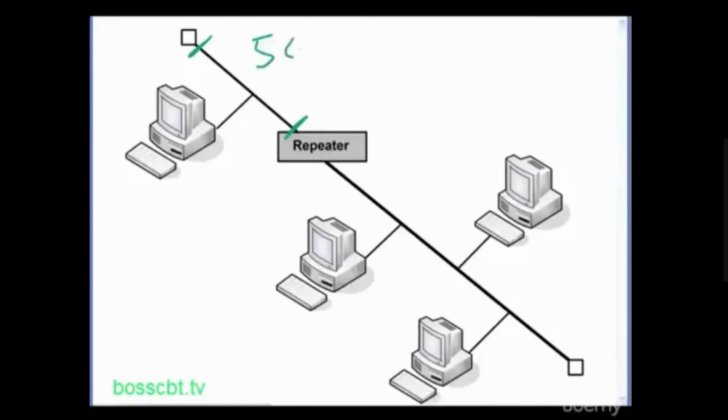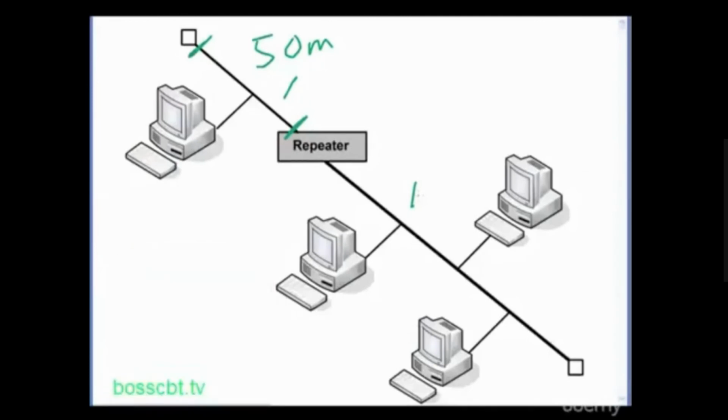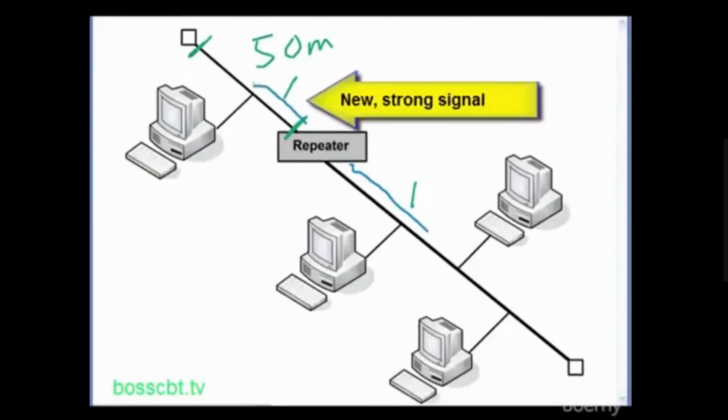repeater. So what happened? It is regenerated. We can fix a repeater at a 50-meter distance. If I send the signal, it reaches the repeater, and automatically the weak signal is converted into a strong signal and sent to the destination.